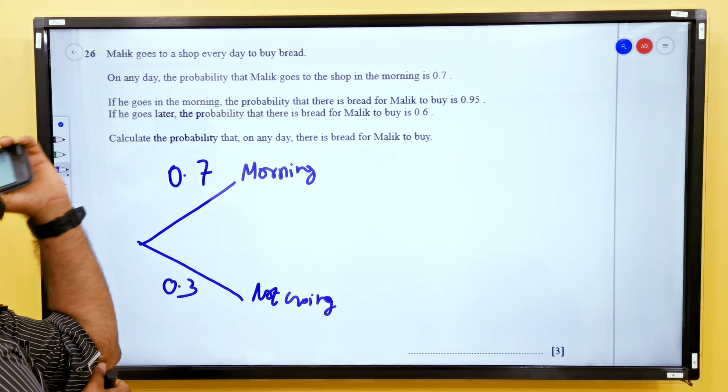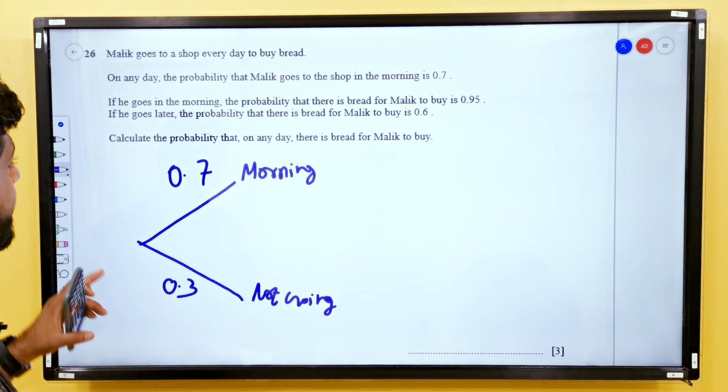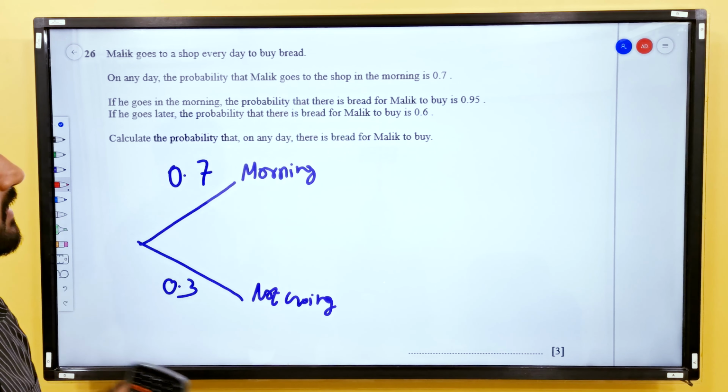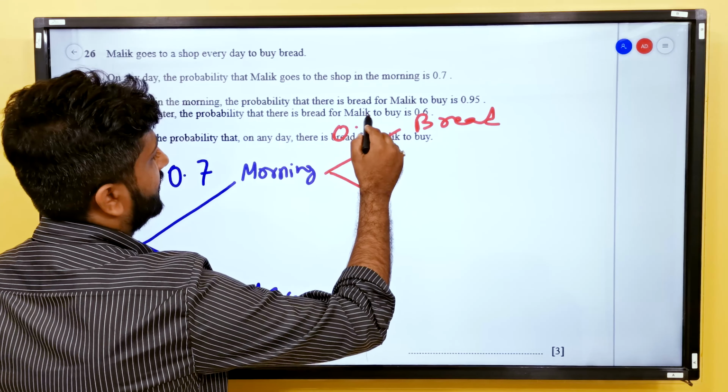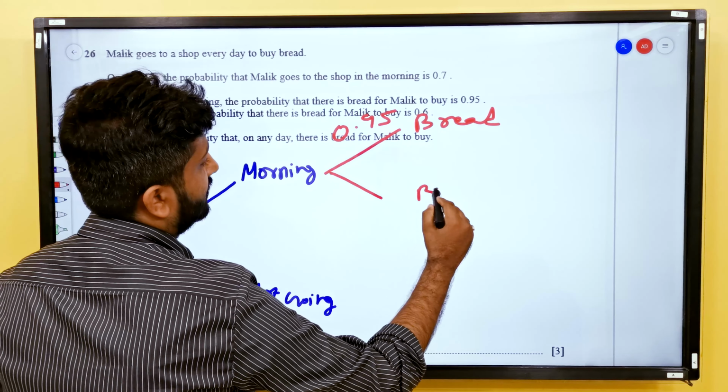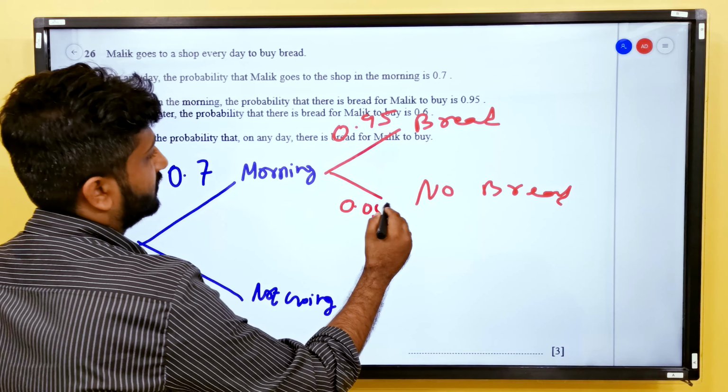If he goes in the morning, the probability there is bread to buy for Malik is 0.95. So if he goes in the morning, the probability that there is bread available is 0.95. Then no bread is going to be 1 minus 0.95, which is 0.05.